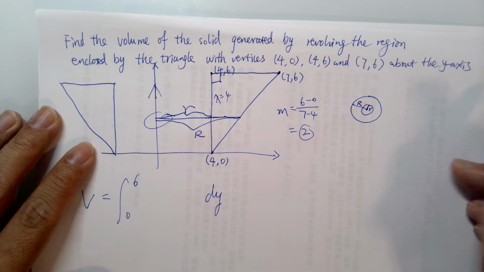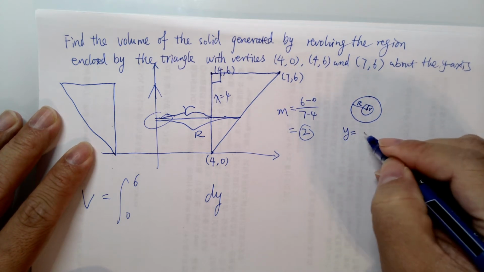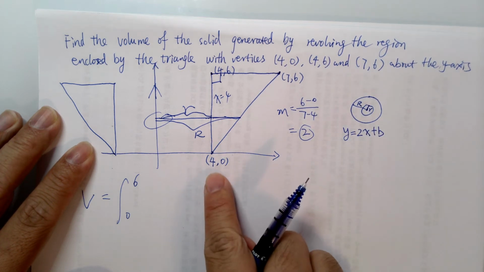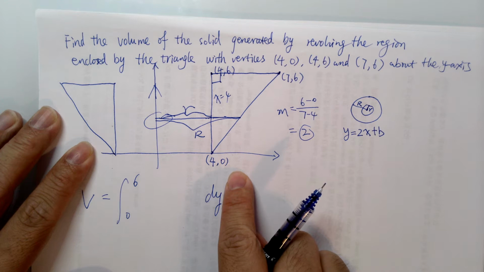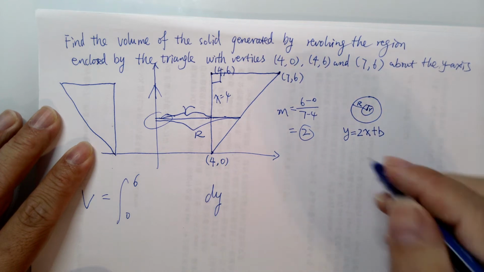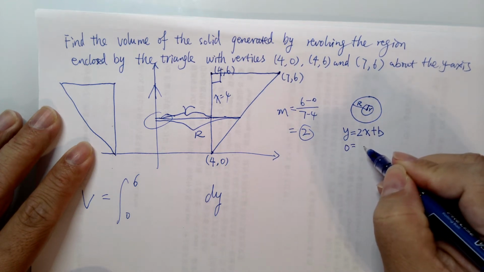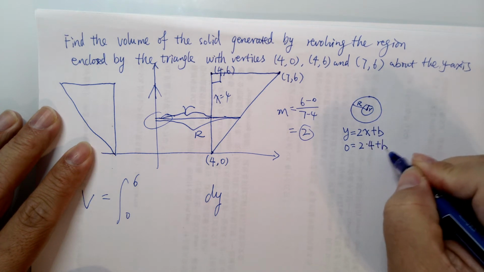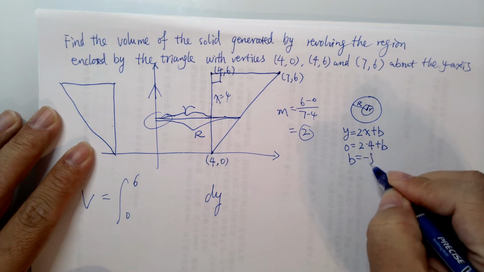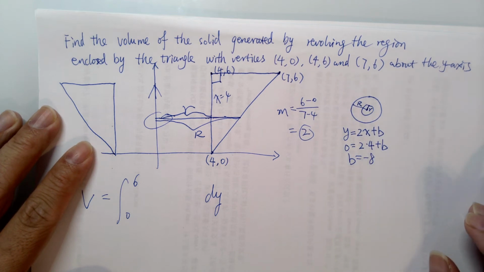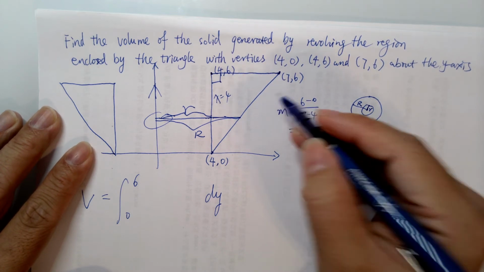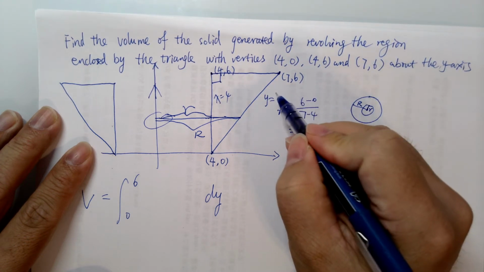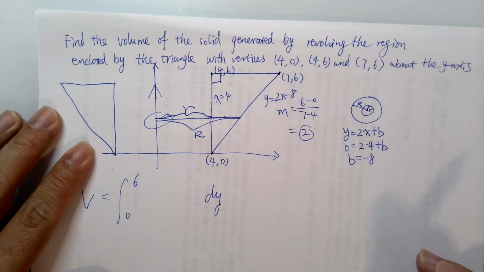And then you can set y equals 2x plus b, and if you plug in the point (4, 0), it turns out 0 equals 2 times 4 plus b, so you're going to get that b equals -8 easily. So in other words, the equation of this line is going to be y equals 2x minus 8.